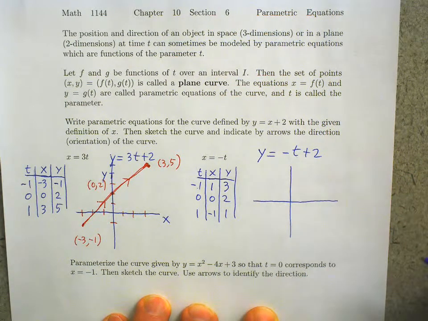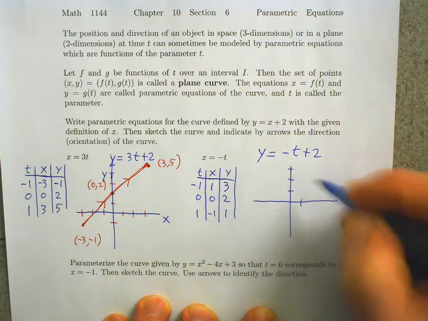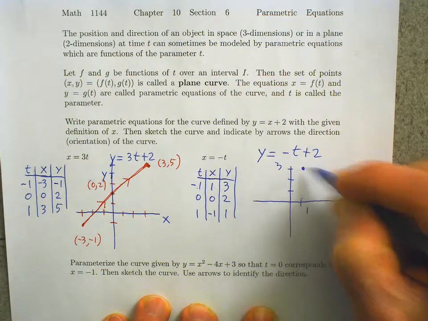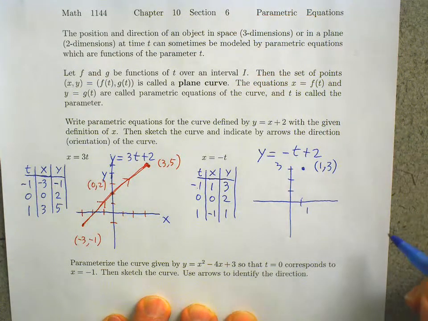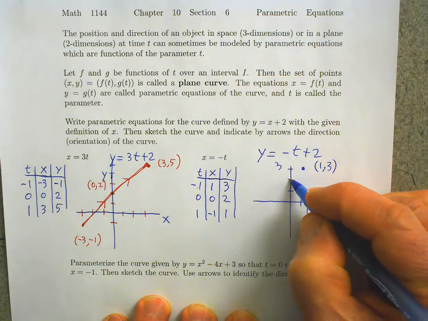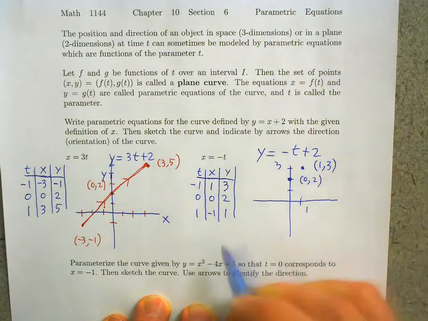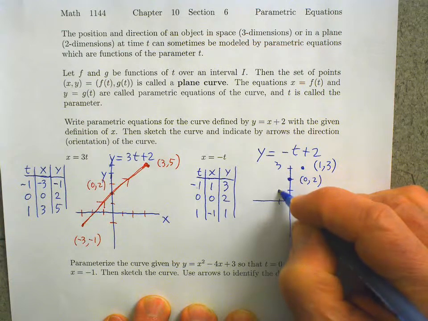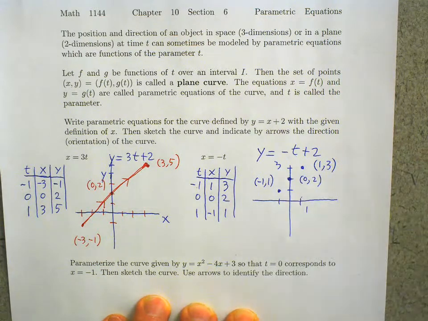Okay, so we'll plot the x and y coordinates that we found. We have the ordered pair (1, 3) that corresponds to t equals -1. Then we have the ordered pair (0, 2). And then thirdly, we have (-1, 1): -1 for x, positive 1 for y.